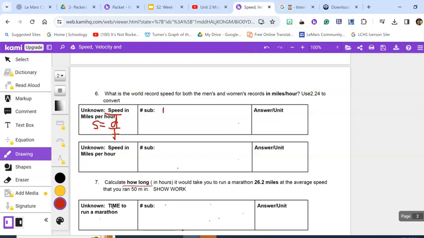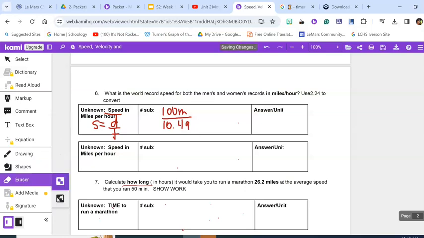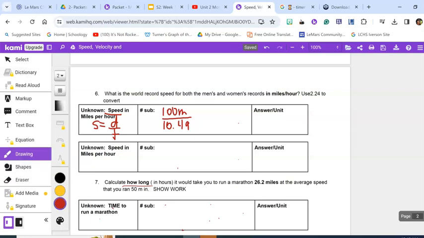So let's start with 100 meter. And the women's record is 10.49. What do you get? Okay. 9.53. Now this is going to be meters per second. Is that what they're asking me to do?